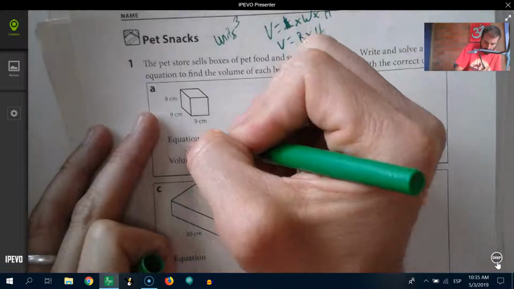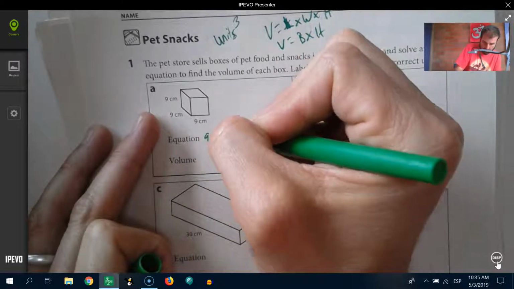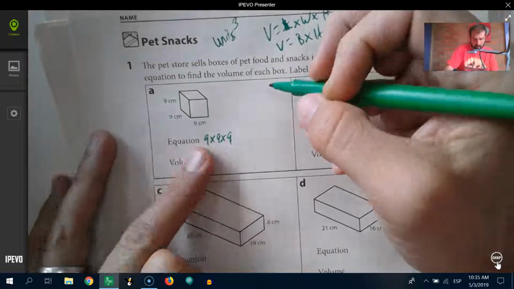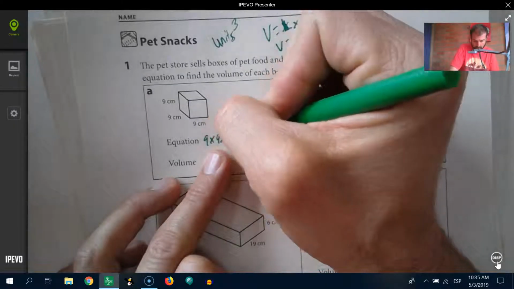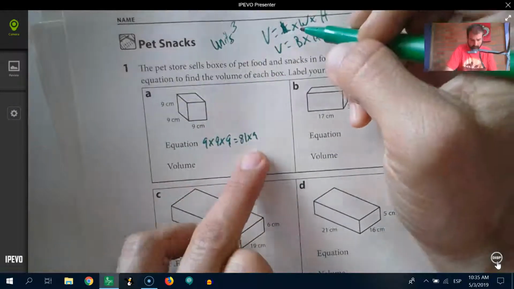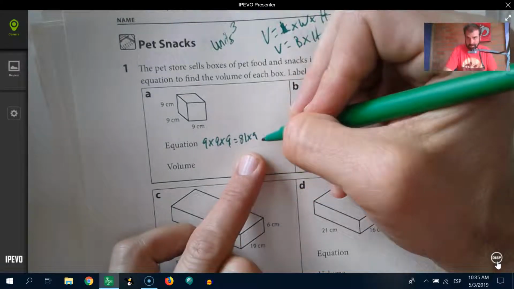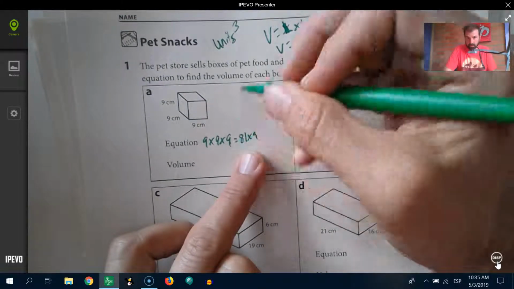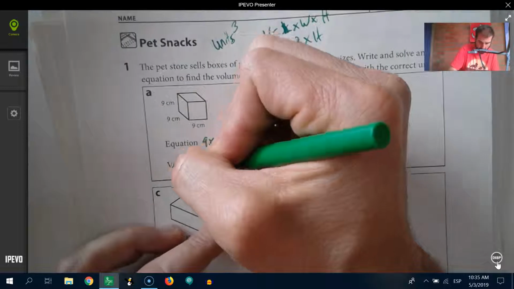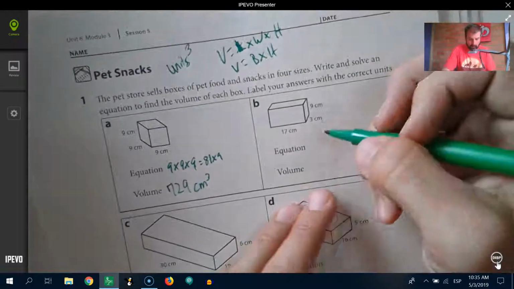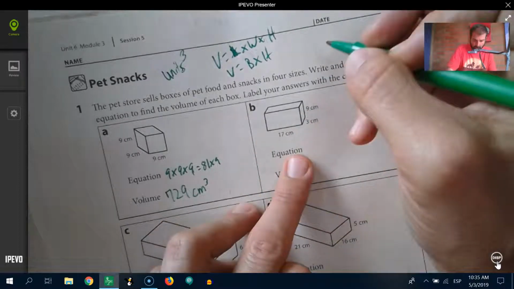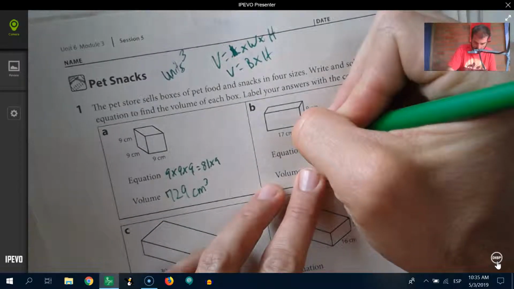This is going to be 9 times 9 times 9 equals 81 times 9. And 9 times 80 is 720, 9 times 1 is 9, so that would be 729 centimeters cubed.